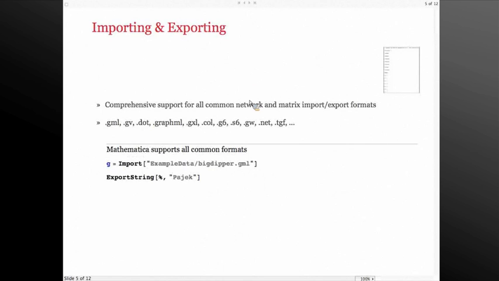The other thing we have in Mathematica is that you can import your data. When you do your research, you collect data. You can collect it in Excel, or you can have it in a CSV file, tabulated data. You can import it in Mathematica already. But what we did is add specific file and data formats for graphs, so you can import them in Mathematica quite easily.